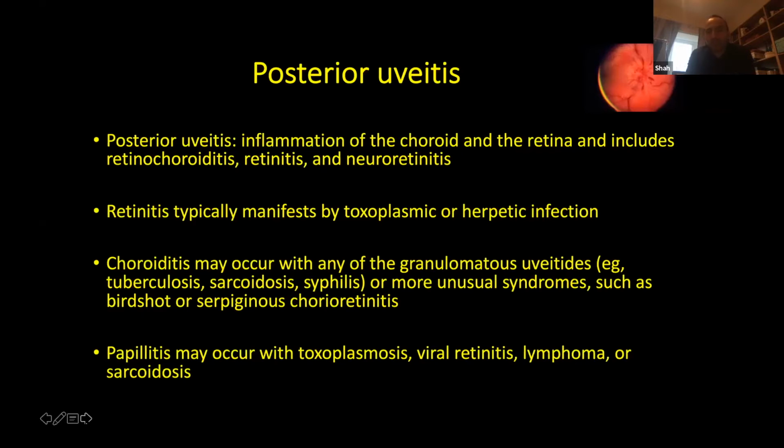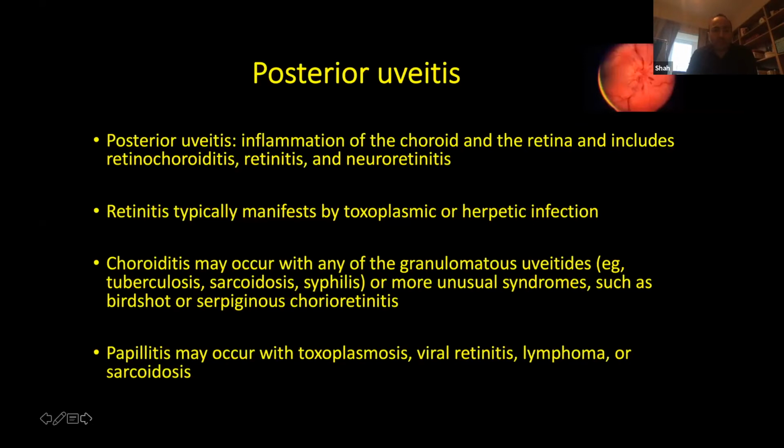Choroiditis tends to happen with inflammatory conditions such as syphilis or sarcoidosis, or infective conditions such as TB. More unusual conditions which will affect the posterior uvea include serpiginous or birdshot chorioretinopathy. And finally, the optic nerve can be involved in various conditions such as toxo, neuroretinitis, and lymphoma.